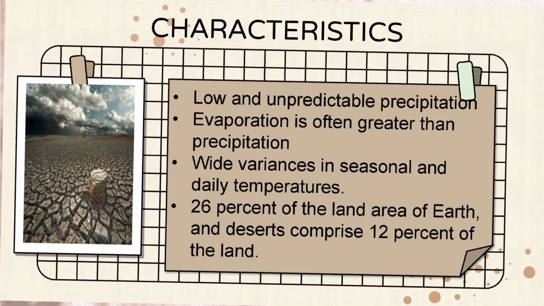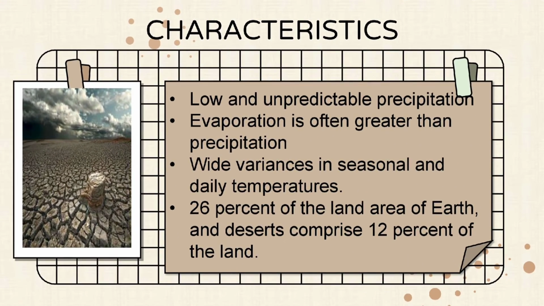So there are four characteristics of a dry climate. Low and unpredictable precipitation is the primary characteristic of a dry climate. The lowest rainfall occurs in arid or desert areas, where precipitation averages less than 35 centimeters or 14 inches per year.